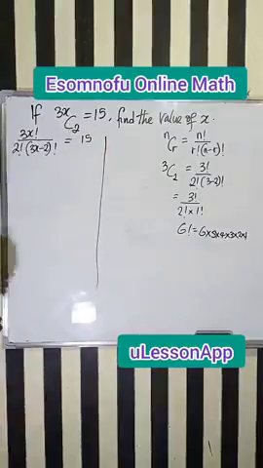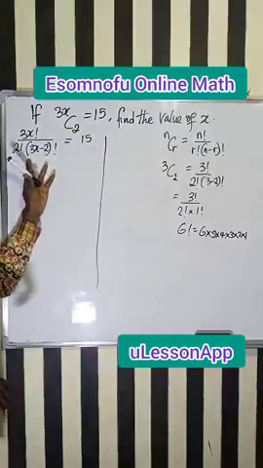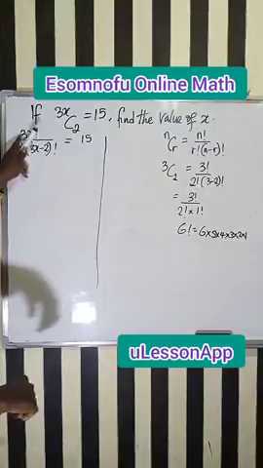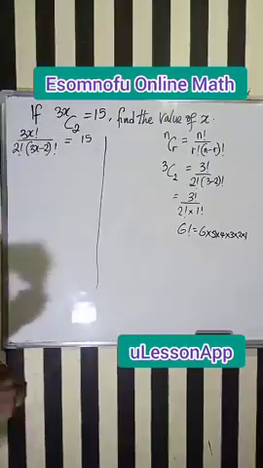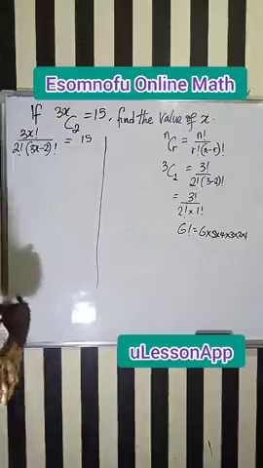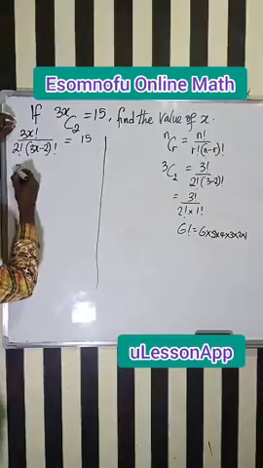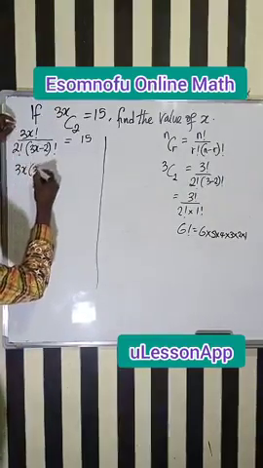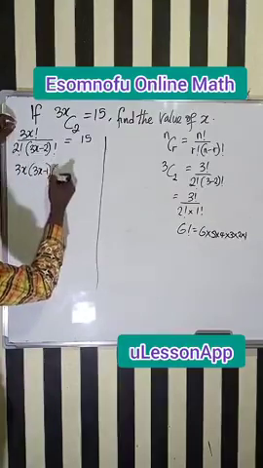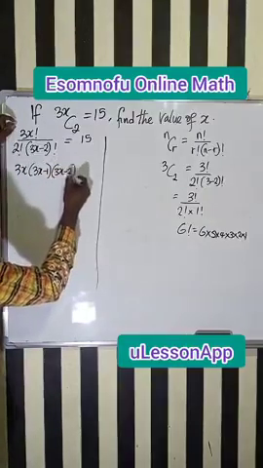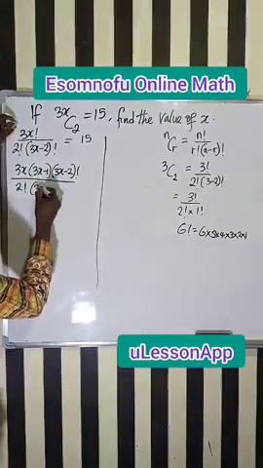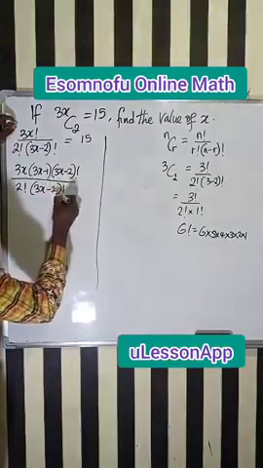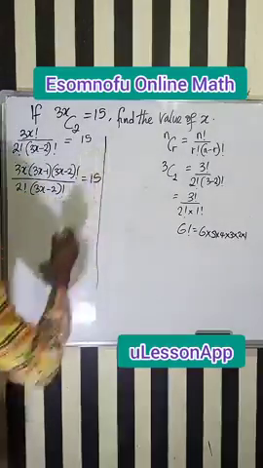Then the idea here, this is factorial. But do you know that you can keep on bringing this 3x factorial down to get something that looks like 3x minus 2? Remember that 3x factorial is the same thing as 3x multiplied by 3x minus 1 multiplied by 3x minus 2 all factorial all over 2 factorial into 3x minus 2 factorial. Everything is equal to 15.